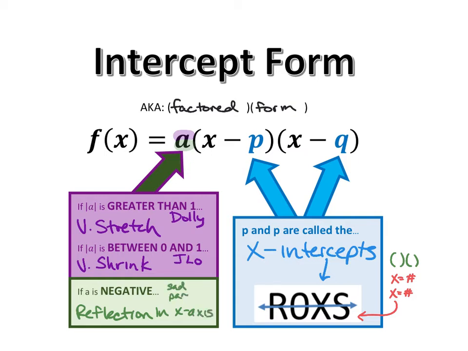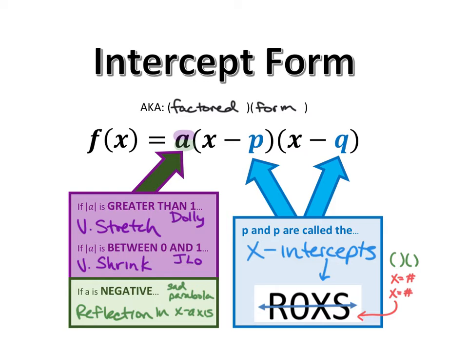So if that number is positive, we'll have a happy parabola. That's not how you spell parabola. Let me try again. And if you have a negative number, it's a sad parabola, which is great because we'll be able to look at graphs and know if it should be positive or negative depending on what the parabola looks like, if it's happy or sad.